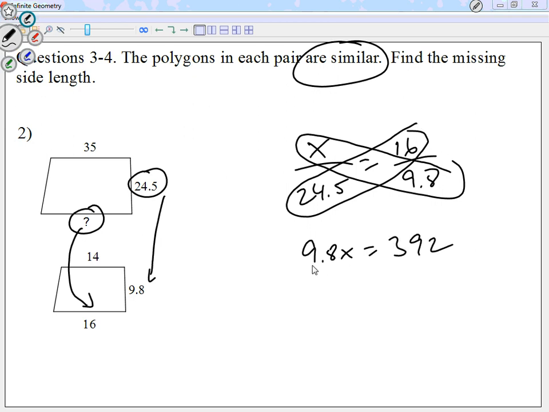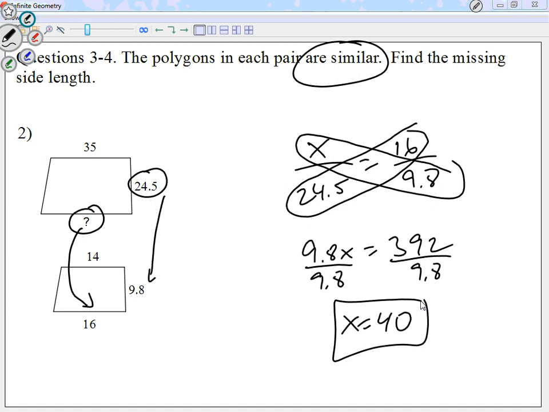Obviously, to solve for x, let me divide both sides by 9.8. And I get that x is equal to 40. Once again, the figures are similar, so the sides are proportional. Any questions on this one?